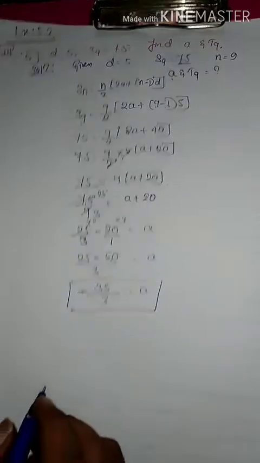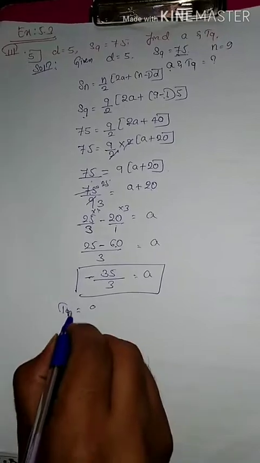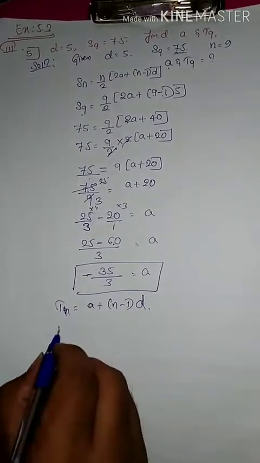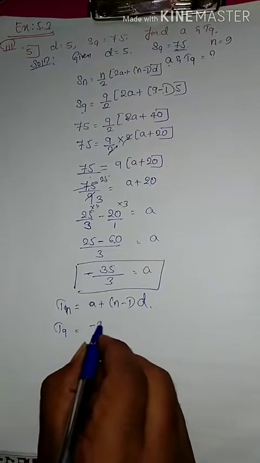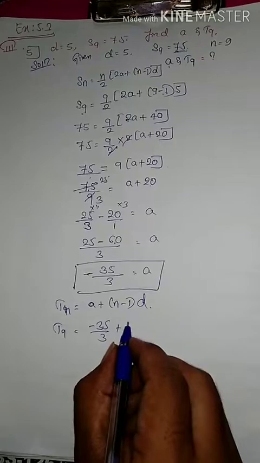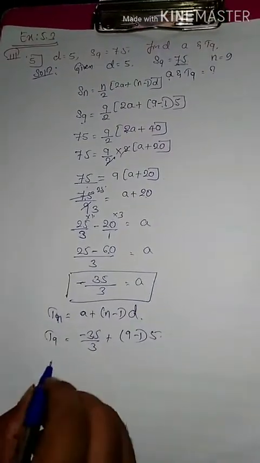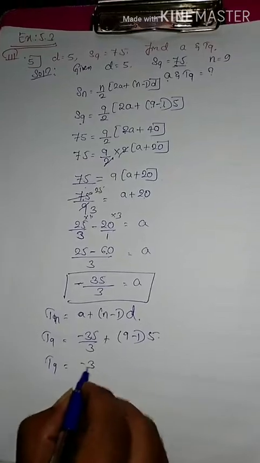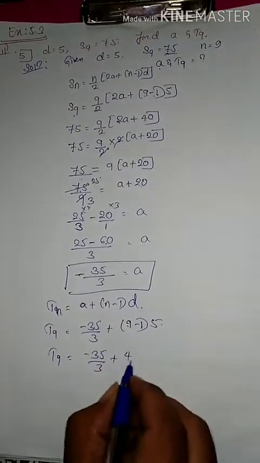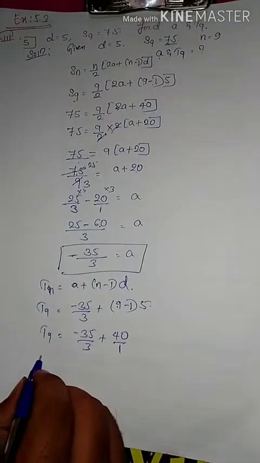Now we need to calculate T9. T9 is equal to Tn is equal to a plus n minus 1 into d. But T9 is equal to a is how much? Minus 35 by 3 plus n is 9 minus 1, d is 5. So T9 is equal to minus 35 by 3 as it is plus 9 minus 1 is 8, 8 5s are 40, and here the denominator is 1 and denominator is 3. Again LCM is 3.